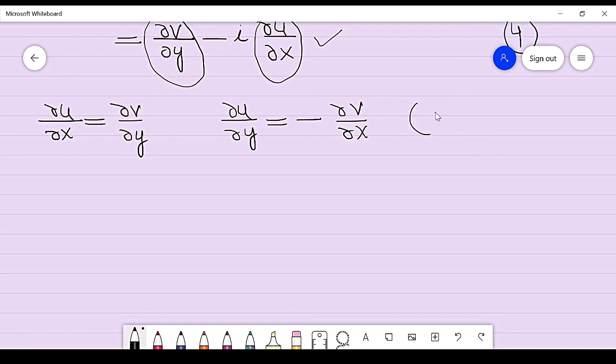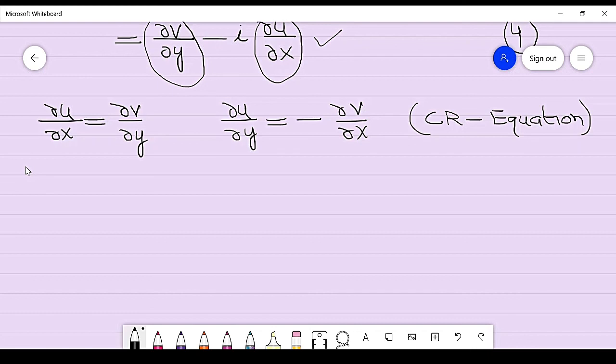This condition is called the CR equation, also known as the Cauchy-Riemann equation or condition. So this proves the first theorem: if a function is analytic, then it satisfies the Cauchy-Riemann equation.